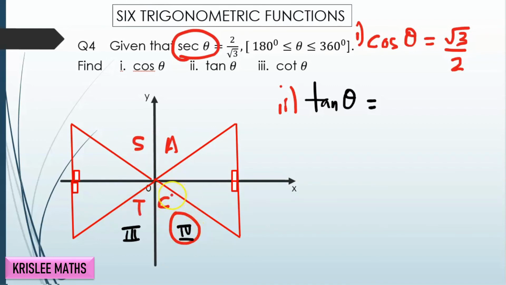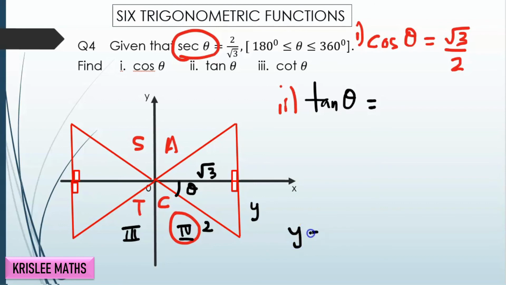Now identify the acute angle. Given cos theta equals square root of 3 over 2, that means adjacent over hypotenuse. So adjacent is square root of 3, hypotenuse is 2.